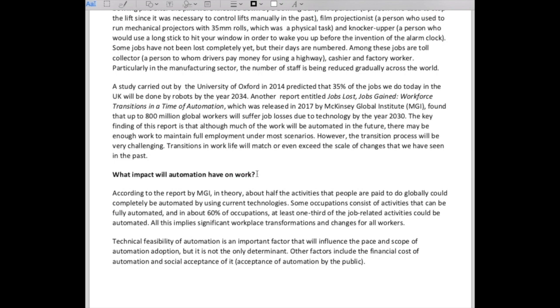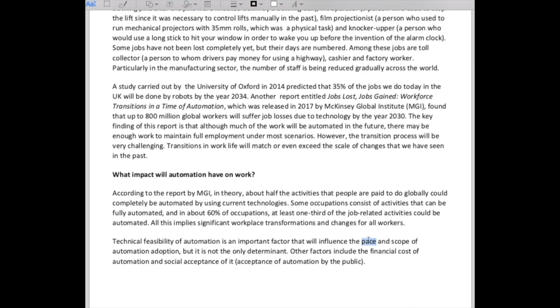Now, can you see the word factor in these two paragraphs? Exactly. In the last paragraph, we have the word factor. And the first sentence says, technical feasibility of automation is an important factor that will influence the pace and scope of automation adoption. But it is not the only determinant.